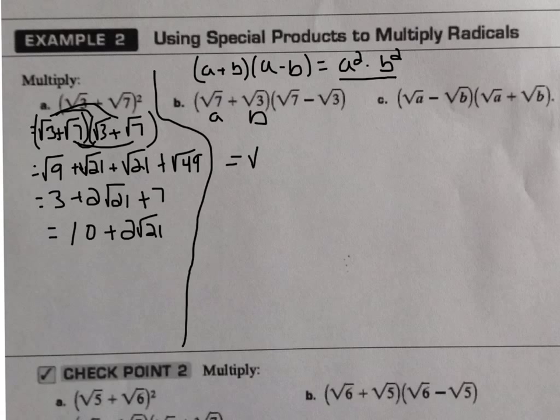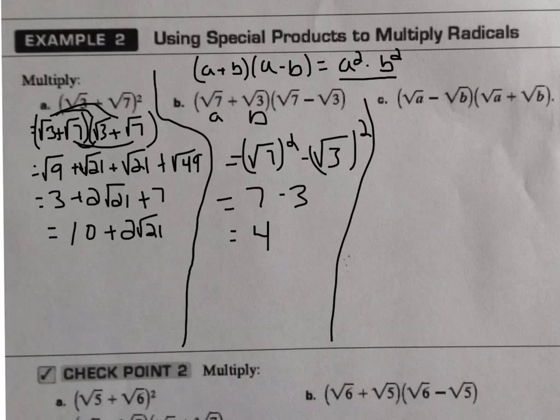So we got to take the square root of 7 squared minus the square root of 3 squared. If you square a square root, they cancel out. You get 7 minus 3, which is 4. It makes it a lot easier to do the problem when you have that special product formula.